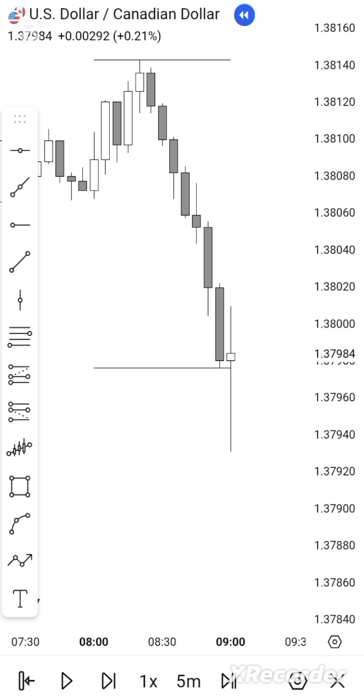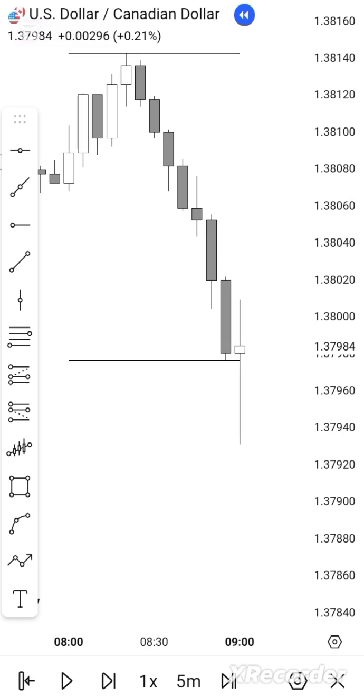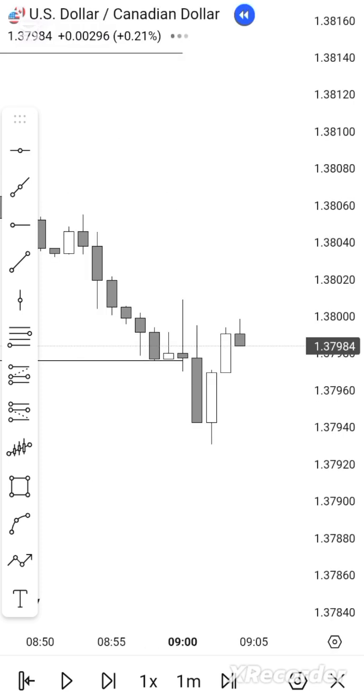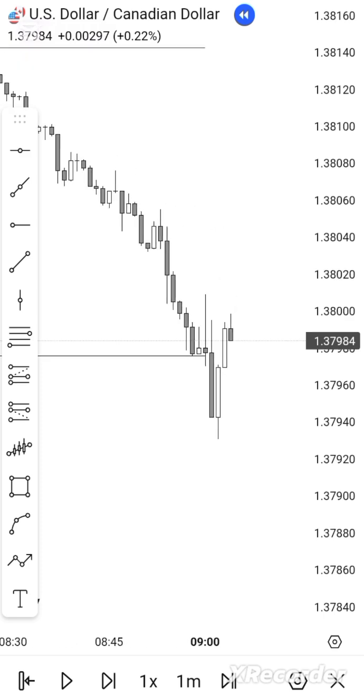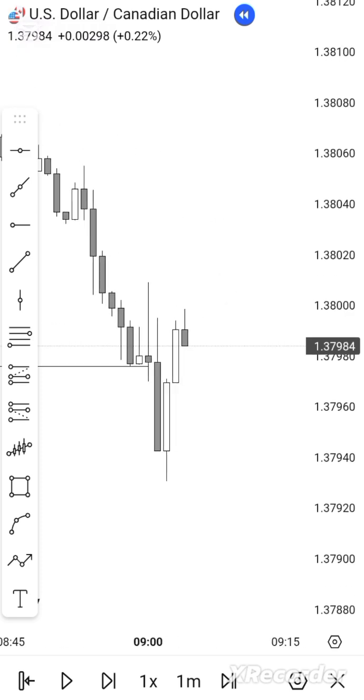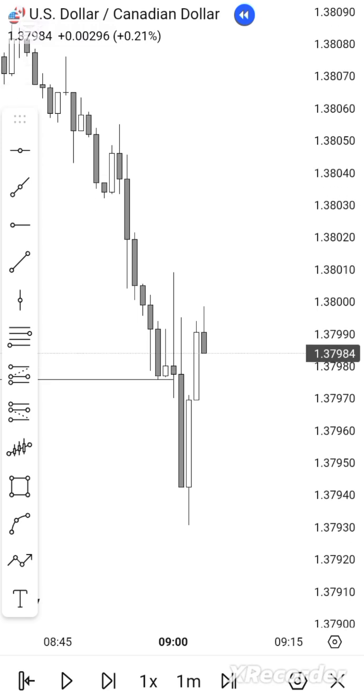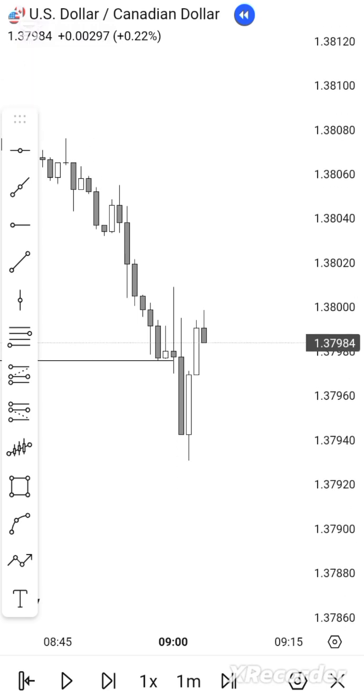Then after the close back, according to the guidelines I gave, we go to the 1-minute time frame. On your 1-minute time frame, what are you going to look out for? You look out for a swing low being created. Since you are trying to buy, you wait for a swing low to be created, and after it has been created, you wait for price to sweep the swing low and then create a break of structure.